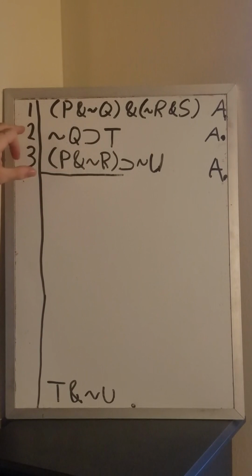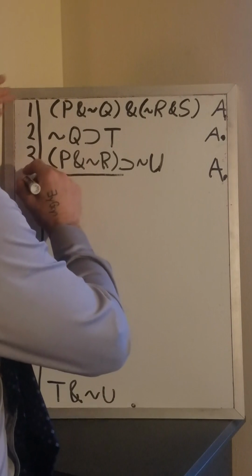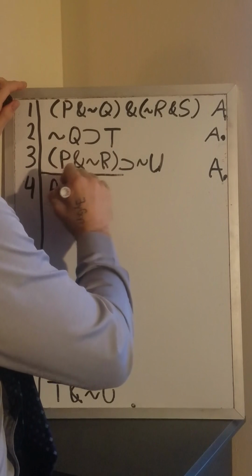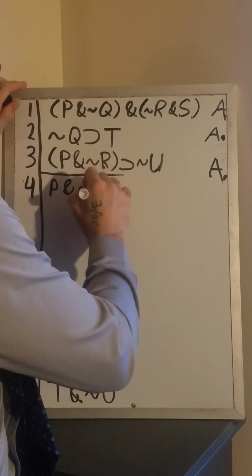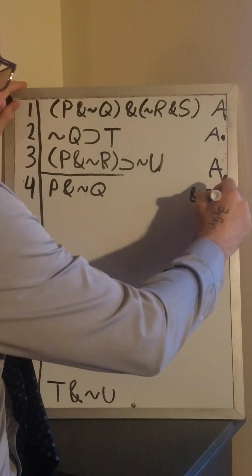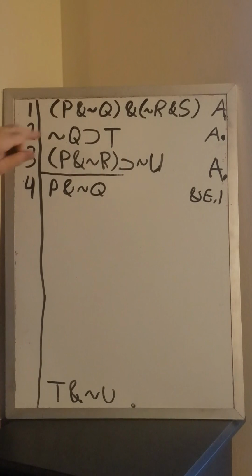So obviously we can't do anything with 2 or 3. These are conditionals, and we don't have the antecedents, but we can break 1 down. We can use and elimination twice on line 1 to get the conjuncts of the conjunction on separate lines.